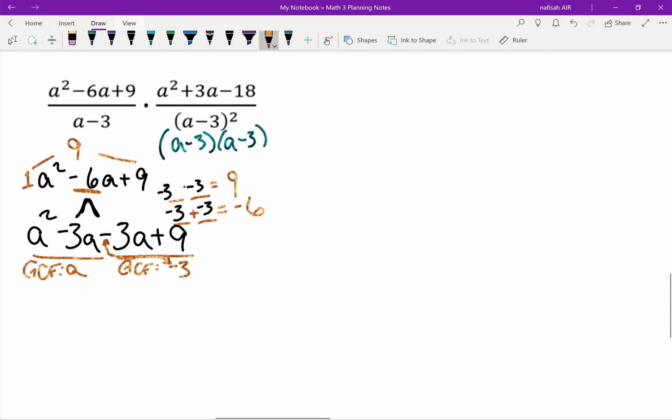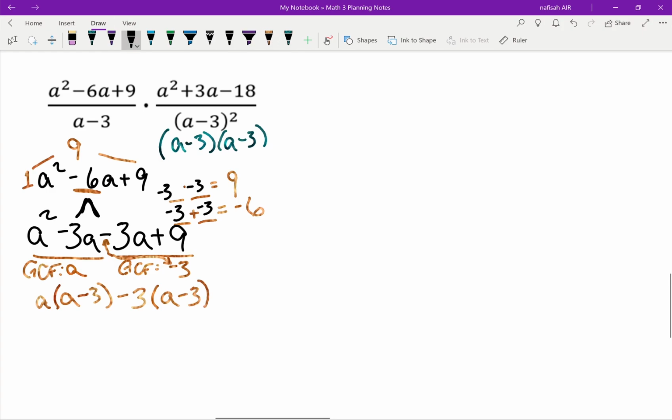So when I factor out an a, I'm left with a, and then that'll just become an a minus 3. And then when I factor out the -3, I'm left with an a. 9 divided by -3 is -3.